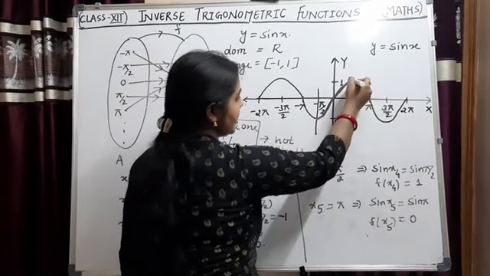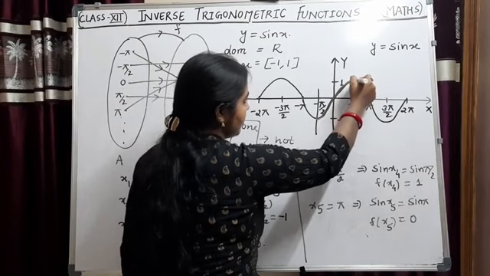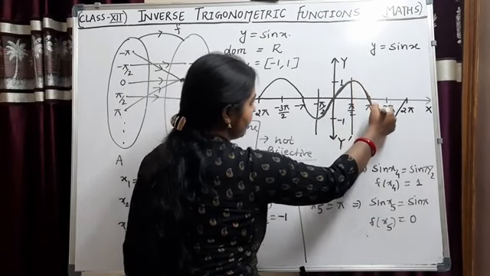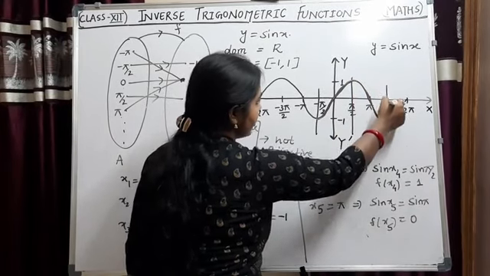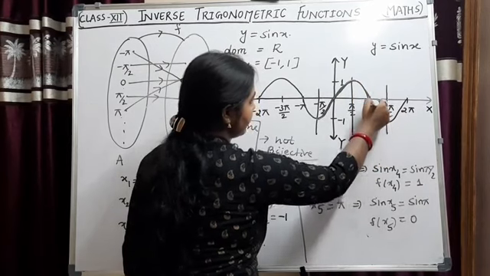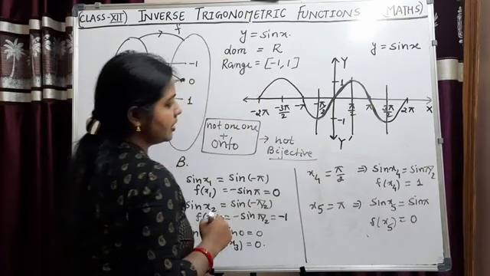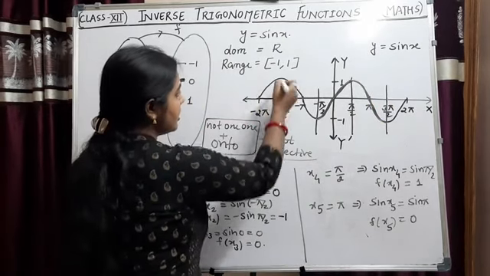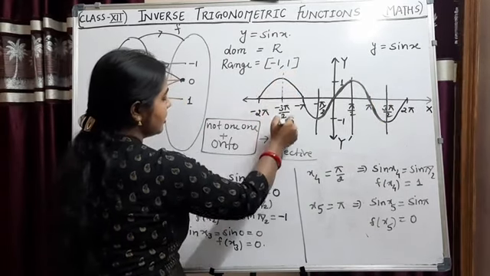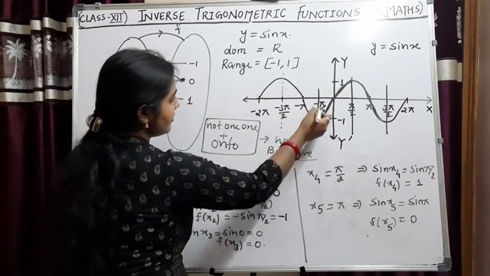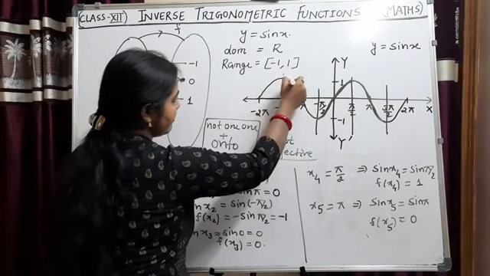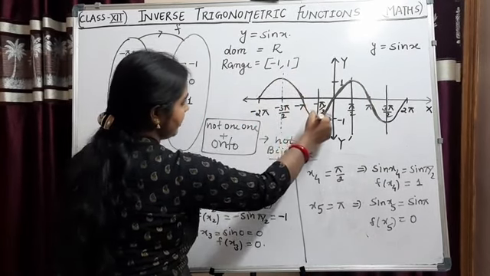Similarly, if we are taking a span from pi by 2 to 3 pi by 2, again we are not getting any value which is repeating. Here also non-repeating values we are getting. Similarly, here also if we are taking the span minus 3 pi by 2 to minus pi by 2, again we are not getting any repeating value.